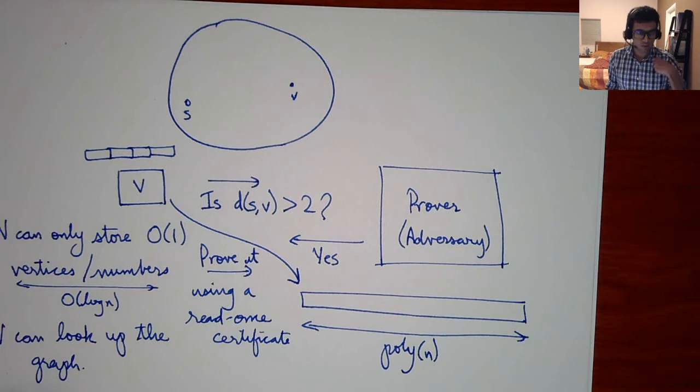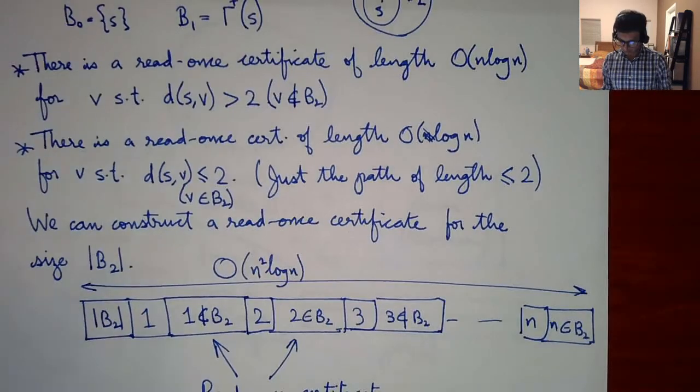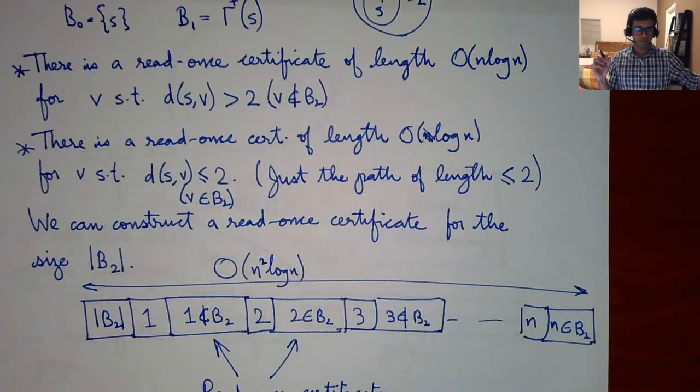To prove that, it can just say, here's the path, which would be of log n size. But to prove that the distance is more than 2, it has to give this read once certificate, and that certificate is going to be fairly long and complex. But by the time it finishes going through that entire certificate, the verifier is convinced that the distance is at least 2.